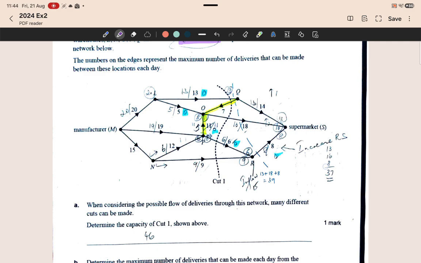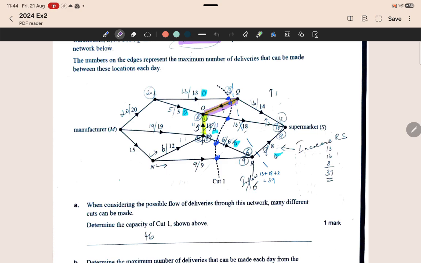Determine the capacity of cut 1. Now, when you look at cut 1, it cuts here, here, here, here, and here. Now, of these different edges, the one that has a backward flow is that one, which shouldn't be included.